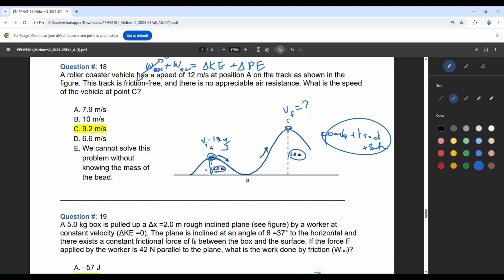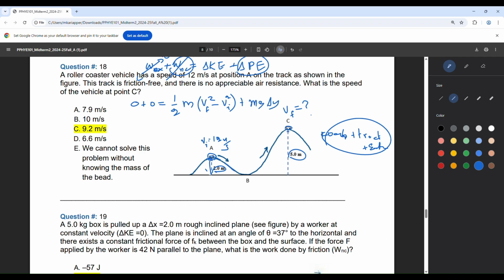So this goes to 0. And we say there's no friction, so that also goes to 0. And so we have 0 plus 0 equal to change in the kinetic energy. I can write half m v final squared minus v initial squared. And the change in the potential energy, I can write mg delta y.